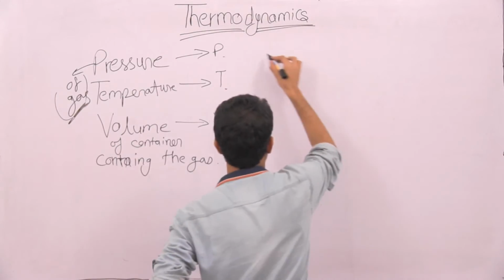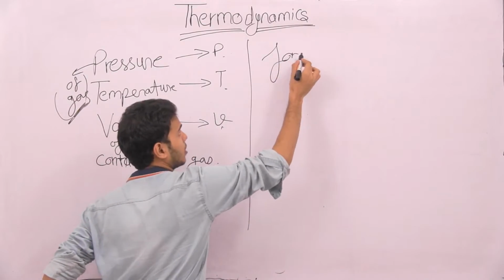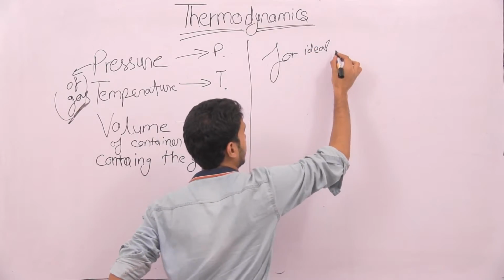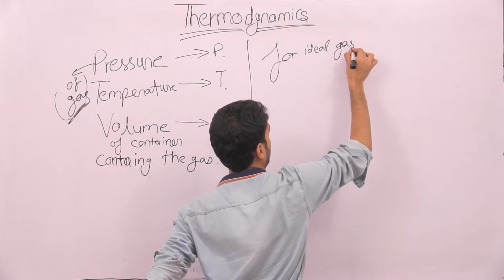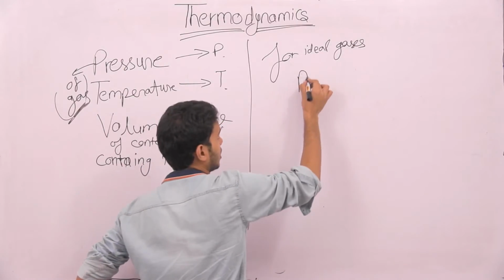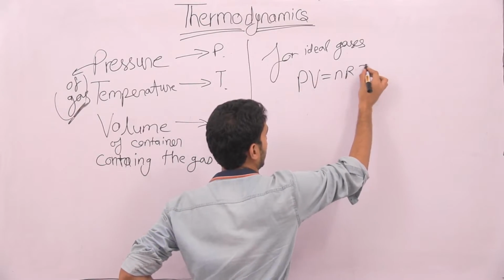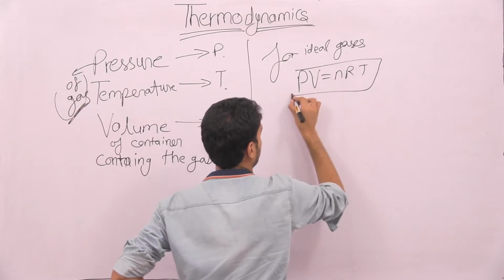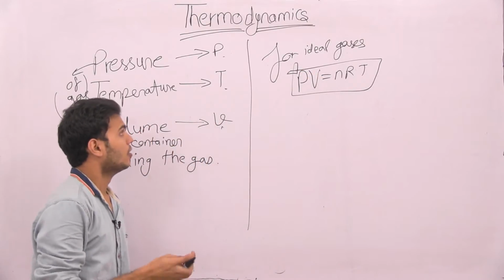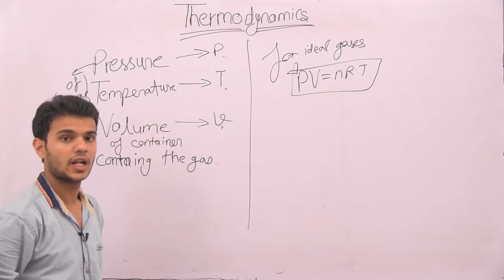And for ideal gases, there is an equation, एक इक्वेशन होल्ड करती है PV इक्वल टू nRT. So whenever there is an ideal gas, we use the equation PV equal to nRT.